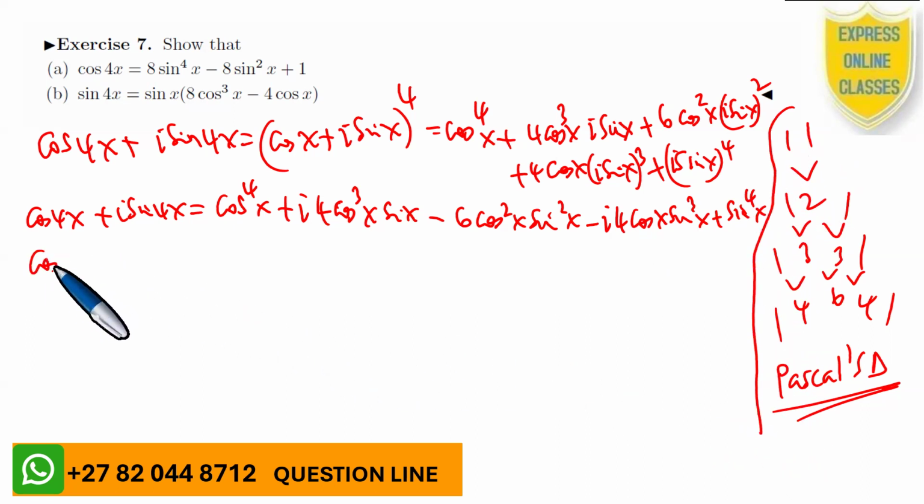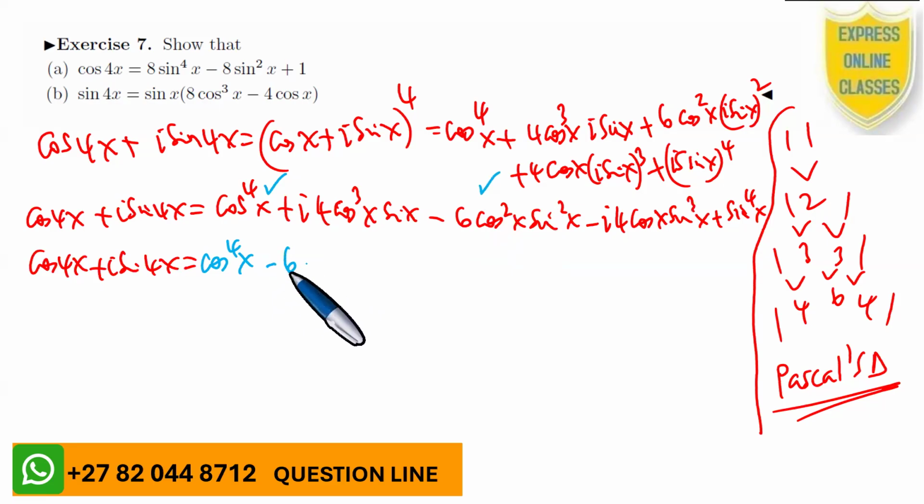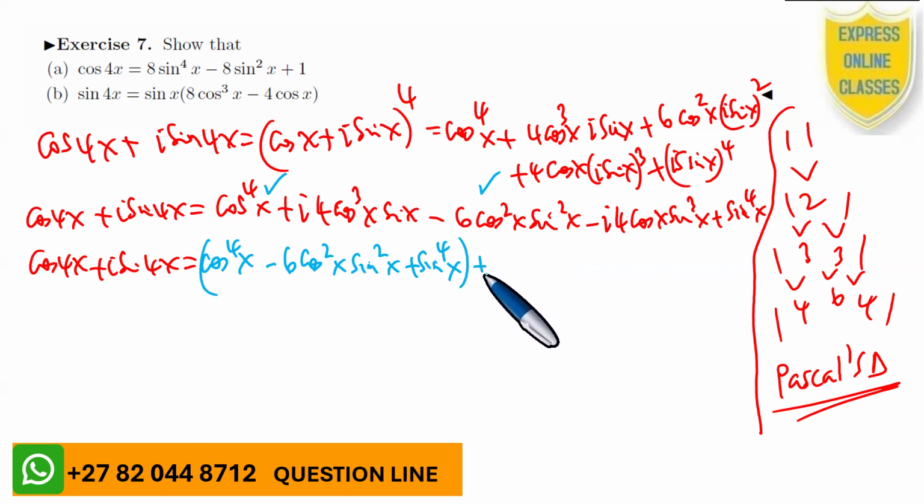So that now when you have cosine plus i sine, which is cosine to the power 4 of x, minus 6 cosine squared sine squared, plus sine to the power 4 of x, which is 4 cosine cubed sine x.